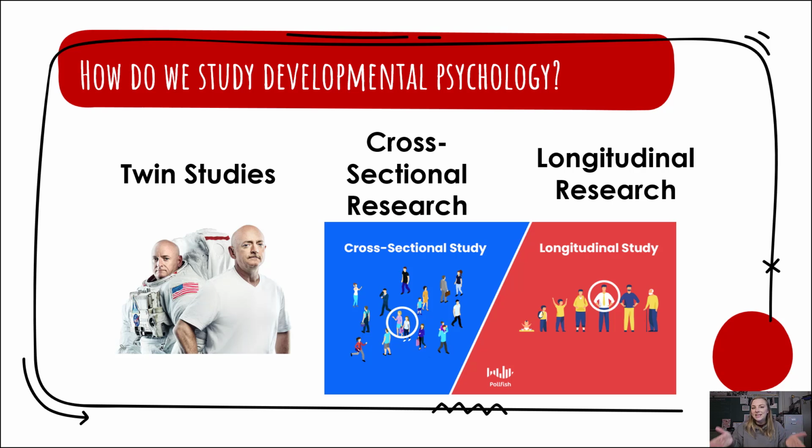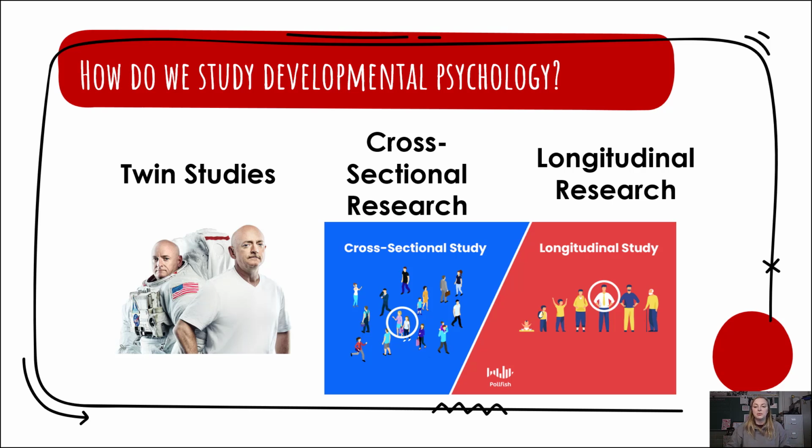We are using this only as a very small snapshot of development at 5 and at 8. So because this is just a snapshot, it's difficult really to determine the cause and effect relationship through a cross-sectional design. However, cross-sectional design can give us a lot of information in a very short amount of time.